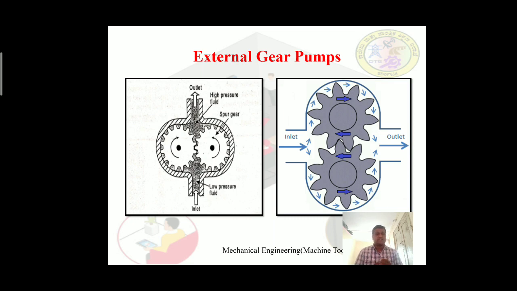In that casing the two external gears are assembled, and only one of the two gears is driven by the prime mover. Here the prime mover is an electric motor. The driver gear is directly keyed to the prime mover or drive shaft. The other gear, called the idler gear, is driven by the drive gear.